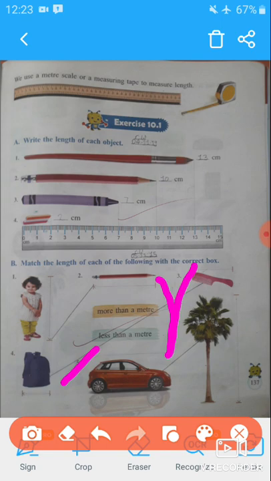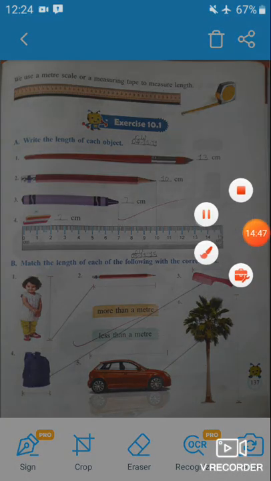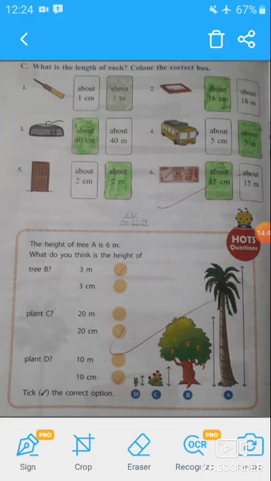And the length of a tree or this coconut tree is more than a meter. And the length of a car is also more than a meter. So the question number A and B from this exercise is completed now. Let's move on to other questions.